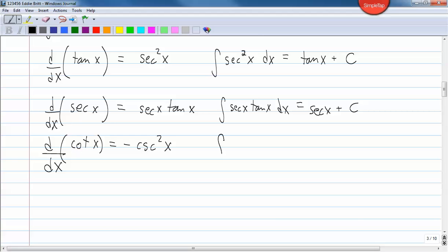So that would mean that the integral of cosecant squared x is going to have to be what? Negative cotangent x plus c.